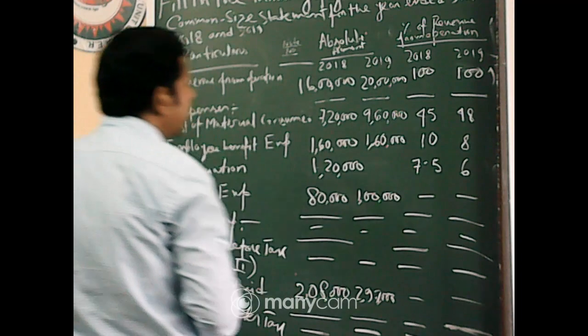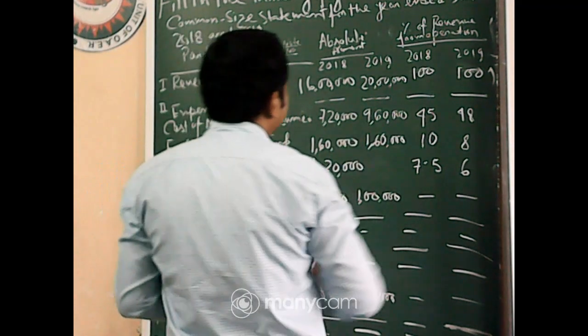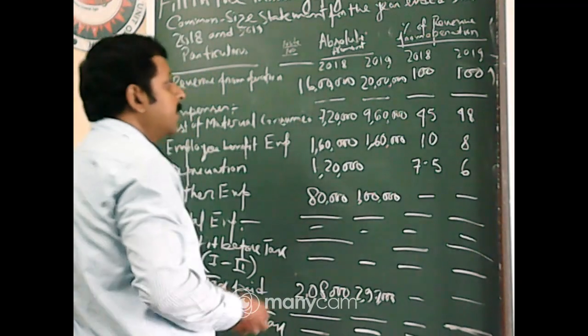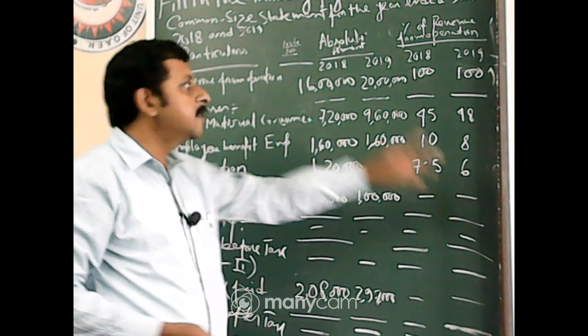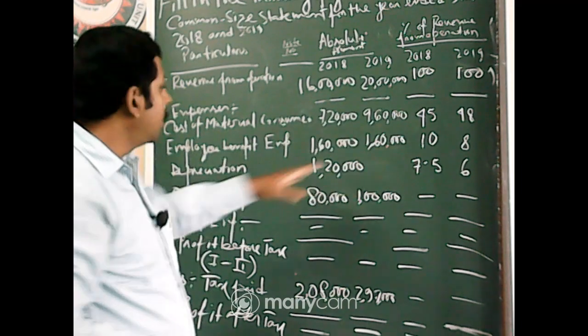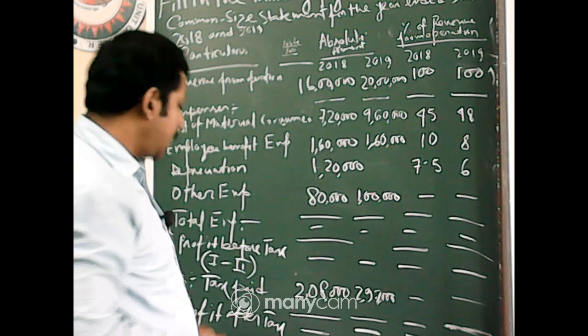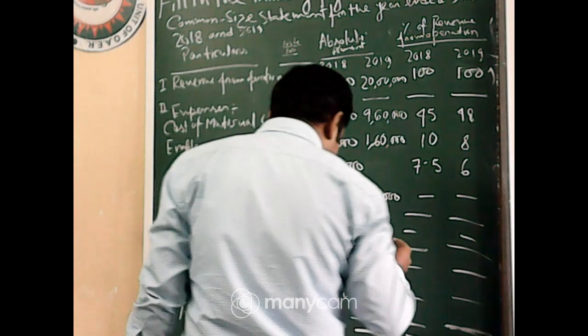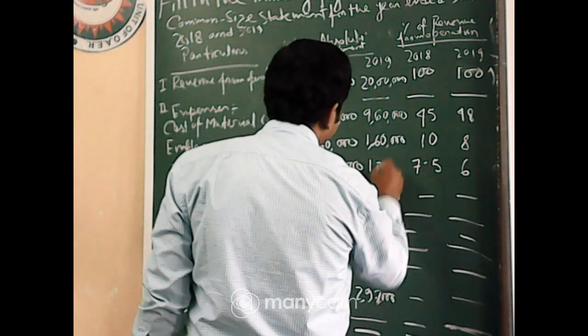And in 2019, total revenue from operation is 20 lakh and the percentage of depreciation is already given, 6%. So 20 lakh into 6% is 1,20,000 again.